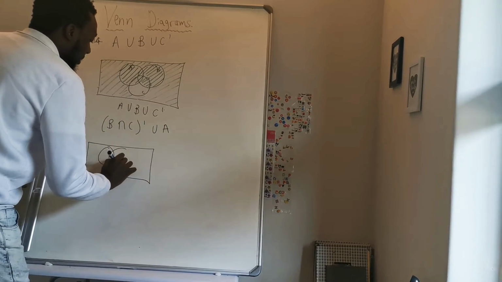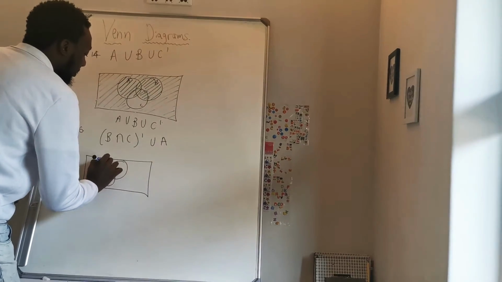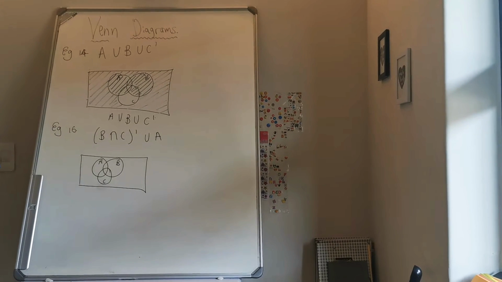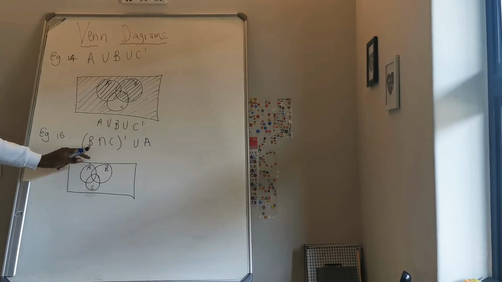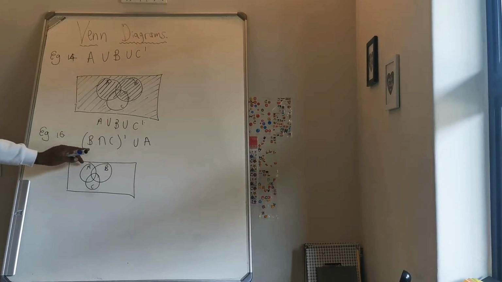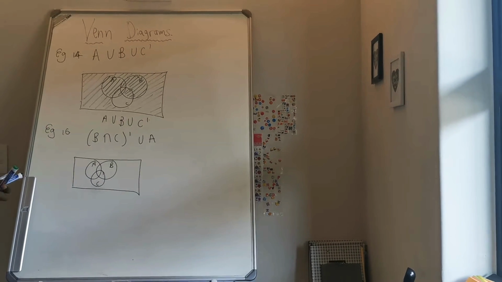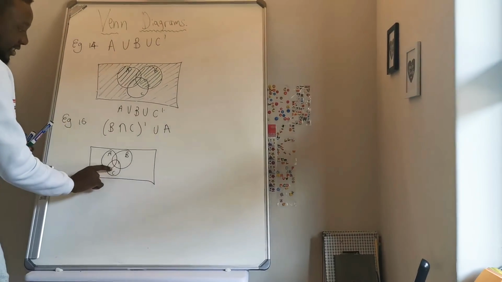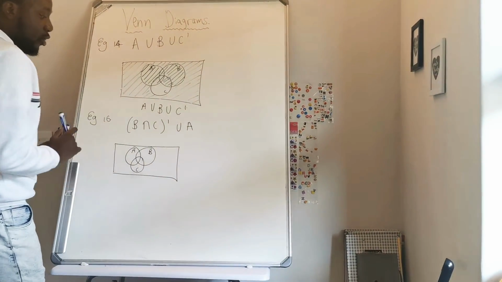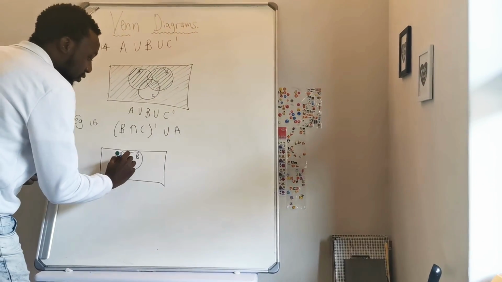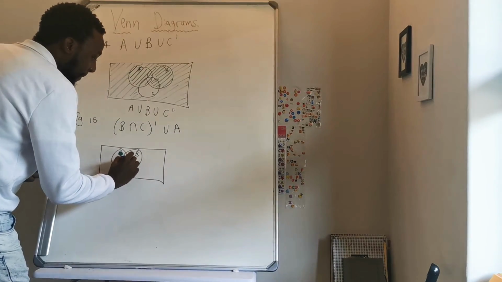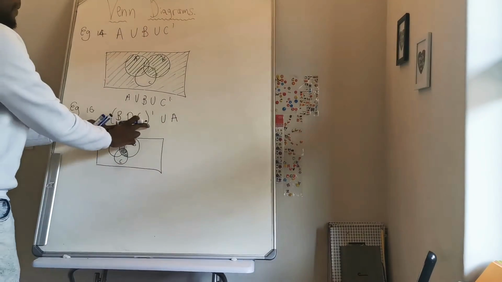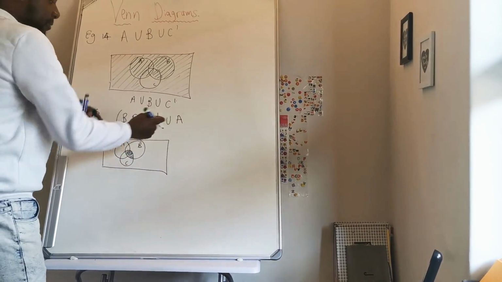We have A, B, and C, right? So think about it. B and C, where do B and C intersect? If you have to pause the video, pause the video. Where does B and C overlap? It's just a small area here, right?